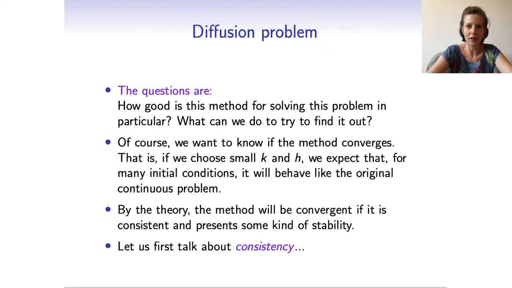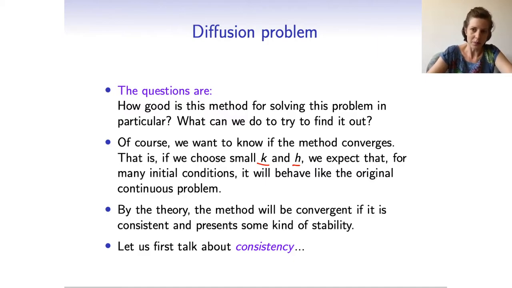So now we want to make the question. So how good is this method for solving this problem in particular? What can we do to try to find it out? Of course, we want to know if the method converges. That is, if we choose sufficiently small k and h.